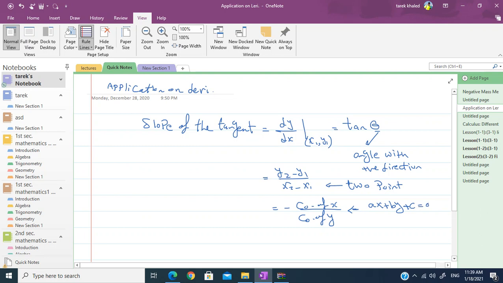And if you have two parallel lines, L1 parallel to L2, their slopes are equal, m1 equals m2, and if L1 is perpendicular to L2, then m1 times m2 equals -1.